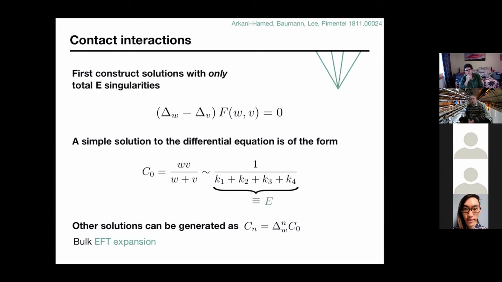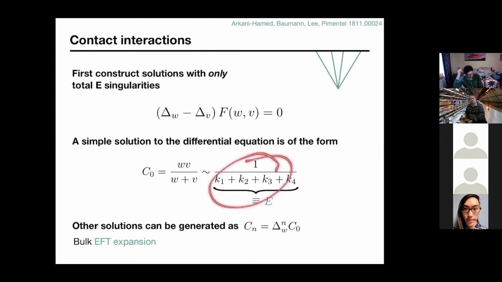Yeah, okay, so I won't dwell on this too much then, but it turns out to be relatively easy to construct solutions that only have these sort of total energy contact-like singularities. It turns out, in fact, this thing that was already a solution in flat space for this special mass, it shouldn't be very surprising because it's a conformally coupled mass, continues to be a solution in de Sitter space.